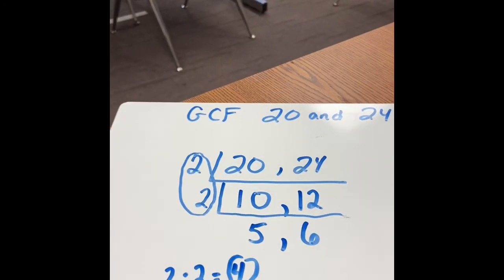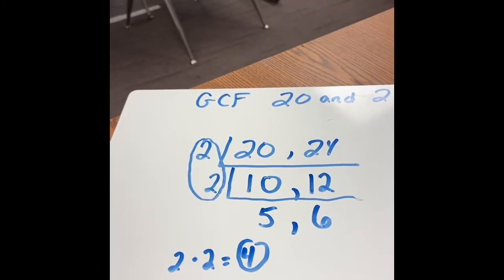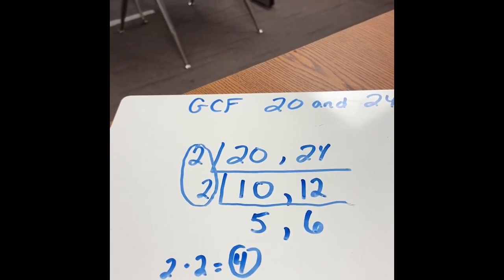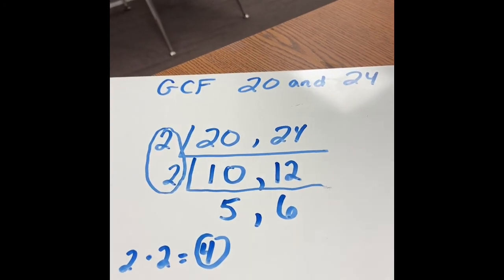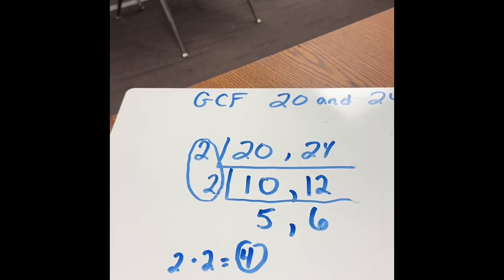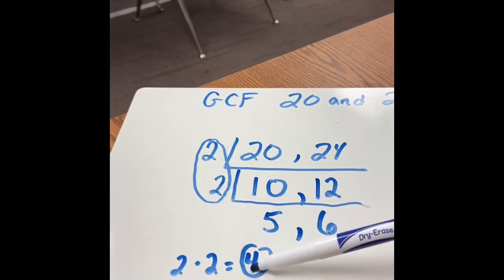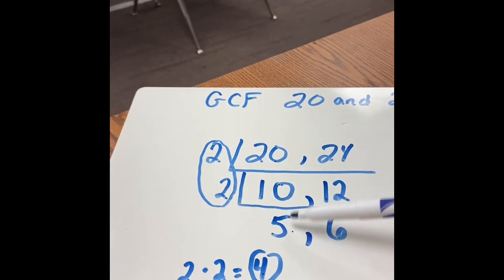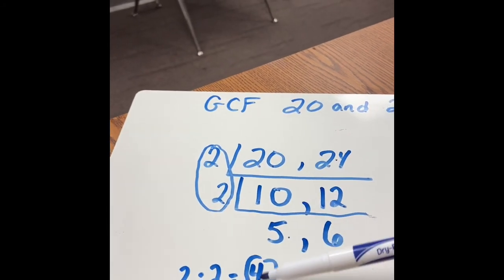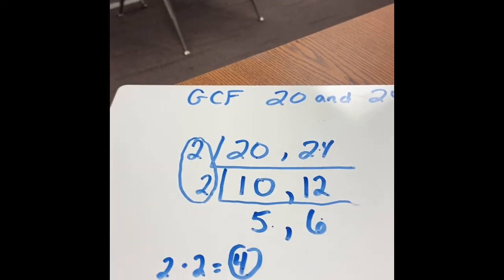So the greatest common factor of 20 and 24 is 4. So now we have done the listing method, the prime factorization method, and the ladder method, haven't we? Now also you can check too. If you go 20 divided by 4 gives you 5. 24 divided by 4 gives you 6. That lets you know you are correct too, okay?